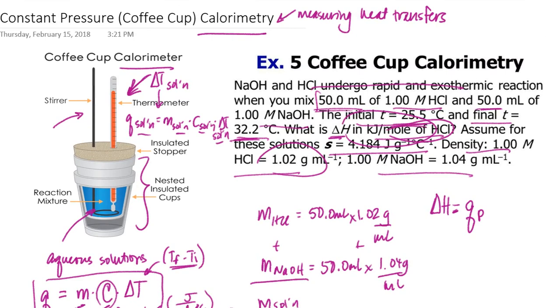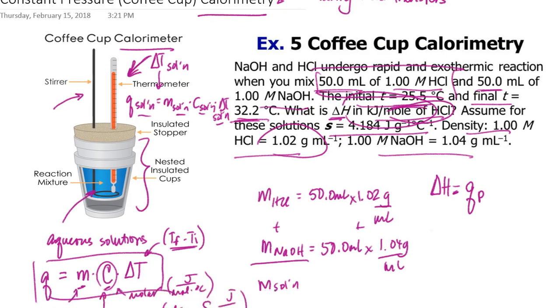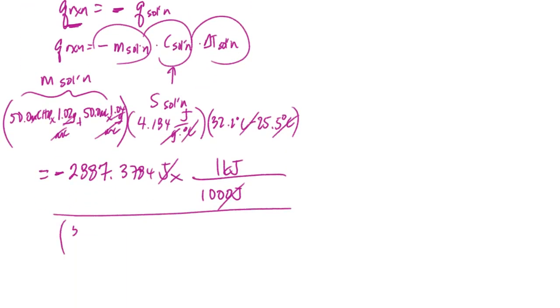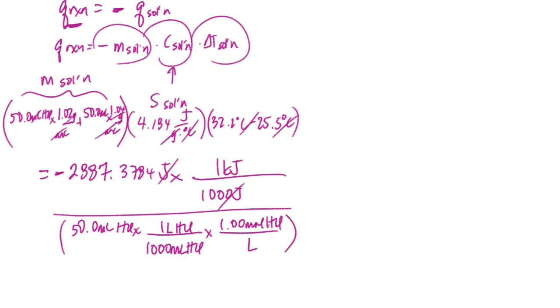Well, I can find that from the molarity. So basically this would be 50 milliliters of the hydrochloric acid. I'm going to convert these milliliters to liters and multiply that by the molarity of the hydrochloric acid in moles per liter.